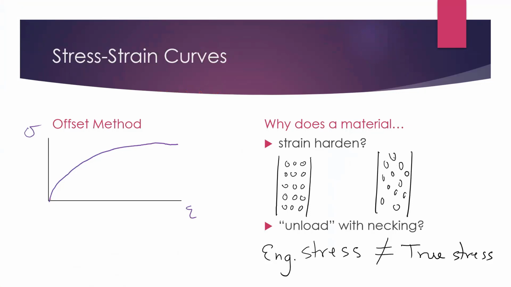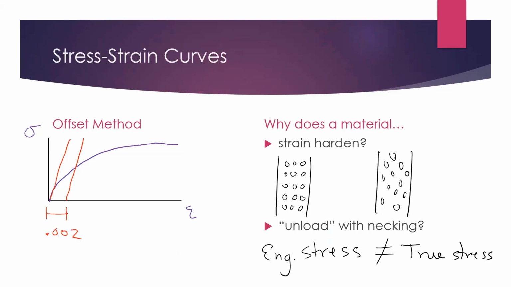So if this is our initial slope, we would draw a parallel line such that that parallel line starts at a strain value of 0.002. So sometimes you'll hear this referred to as the 0.002 offset method.